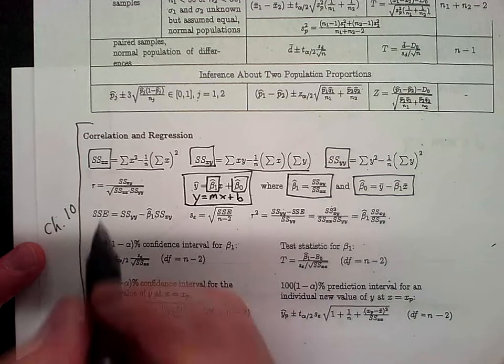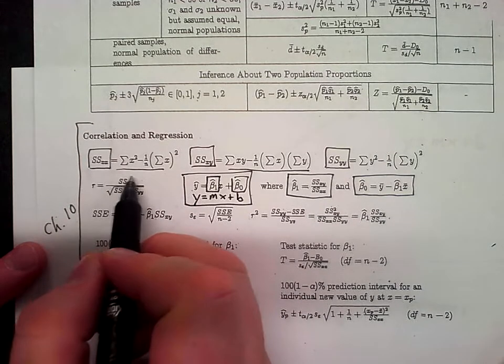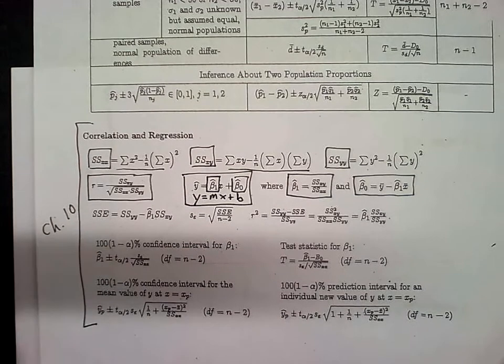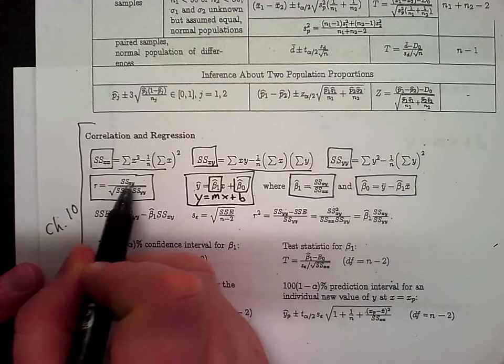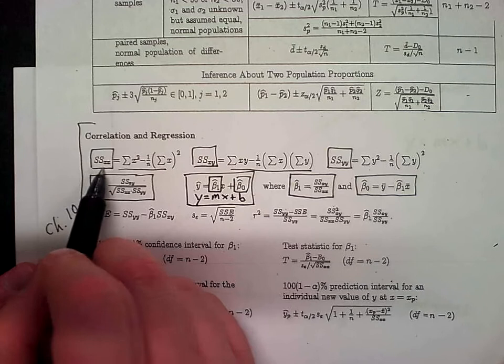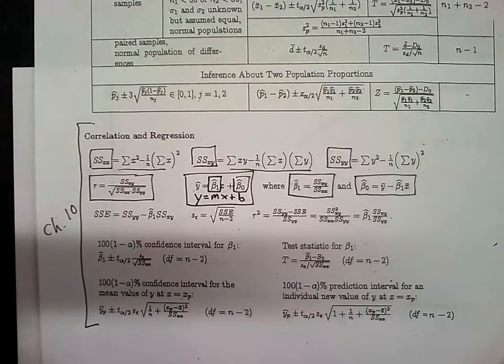The last thing I want to point out here, and the next thing we're going to talk about, is this little r. This little r stands for our correlation coefficient. The way to calculate our correlation coefficient is again using these sums of squares, these SS things, just these three SS things up here.